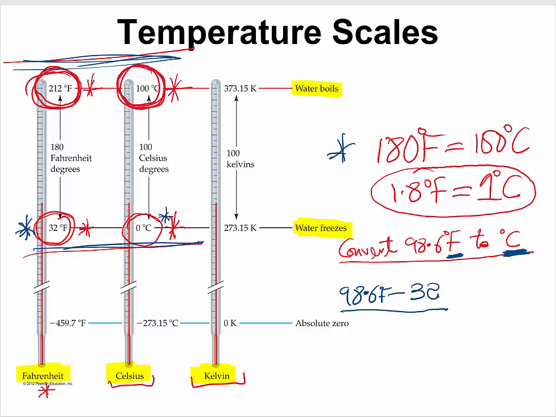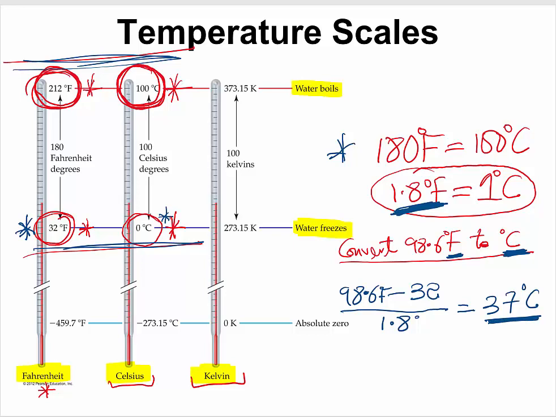That is not fair. Subtracting 32 from the Fahrenheit is a way to place them on equal footing. After subtracting the 32 from the 98.6 degrees Fahrenheit, you then divide by 1.8. That should give 37 degrees Celsius.